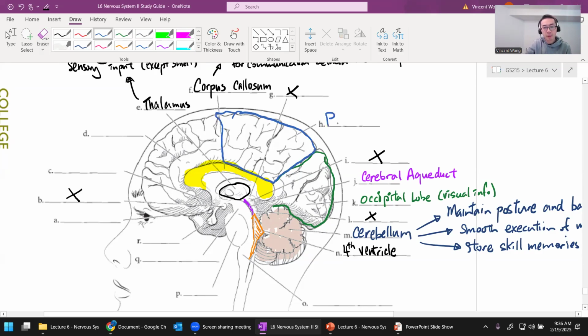That would be the parietal lobe. This is for somatosensory info, feelings from the skin and the muscle.